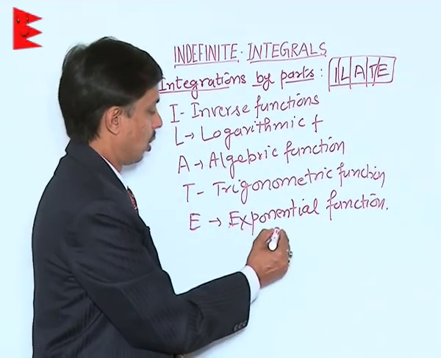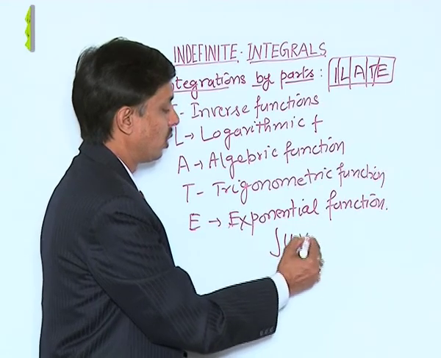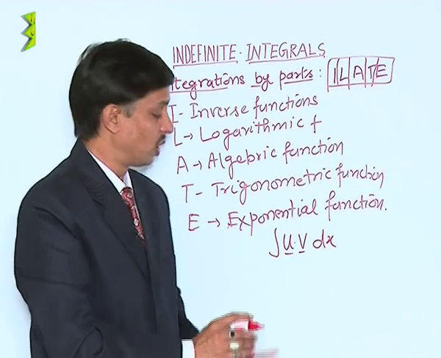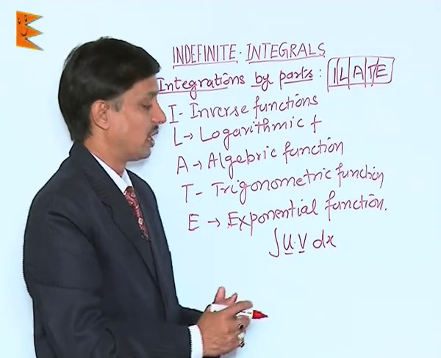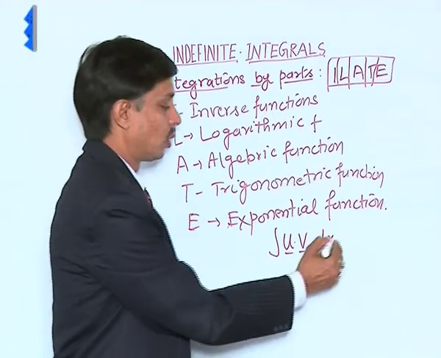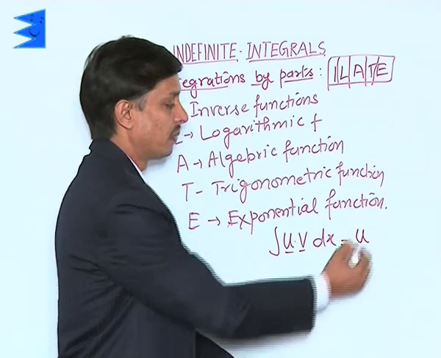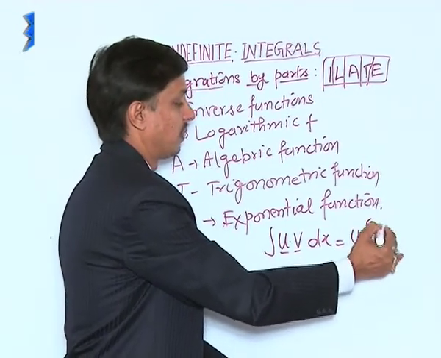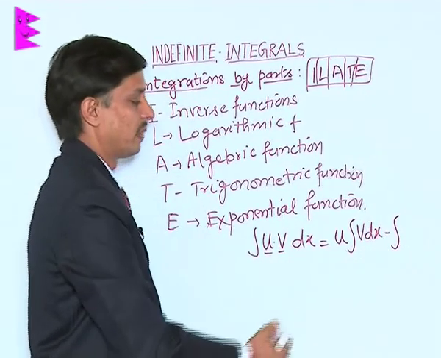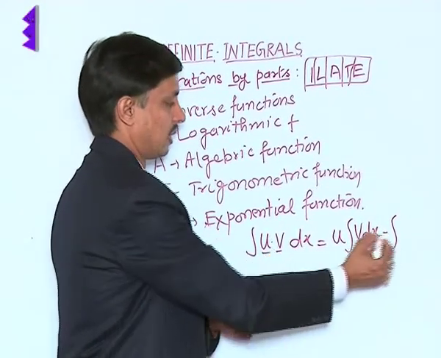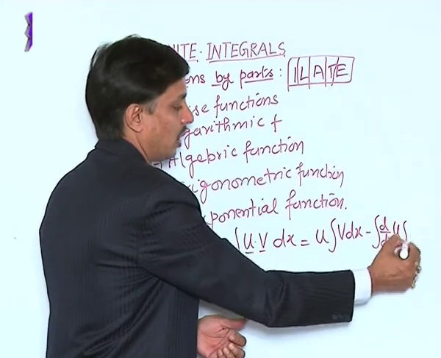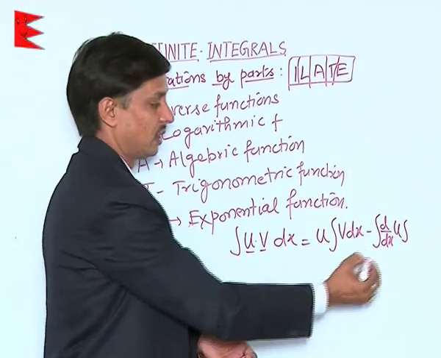The rule for obtaining the integral of u into v dx, where u and v are two different functions multiplied, is as follows. First, that is u, into the integration of the second, that is v dx, minus the integration of the differentiation of the first, that is d upon dx of u, into the integration of the second.